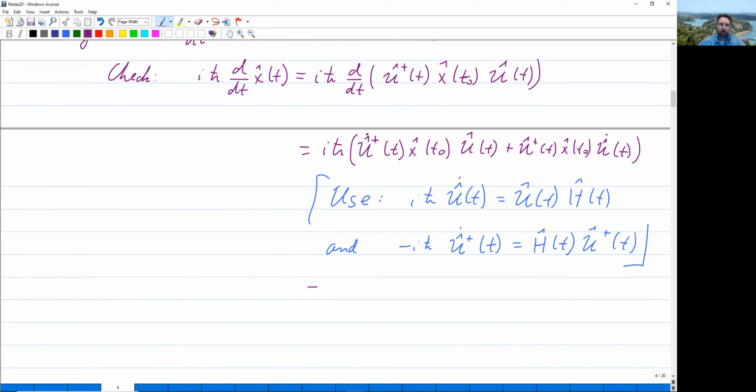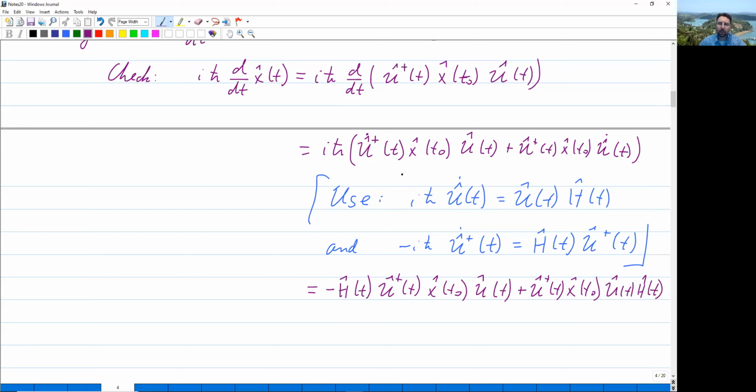And from that, we now obtain, this is equal to minus H hat of t, U hat dagger of t, X hat of t naught, U hat of t, plus U hat dagger of t, X hat of t naught, U hat of t, H hat of t.